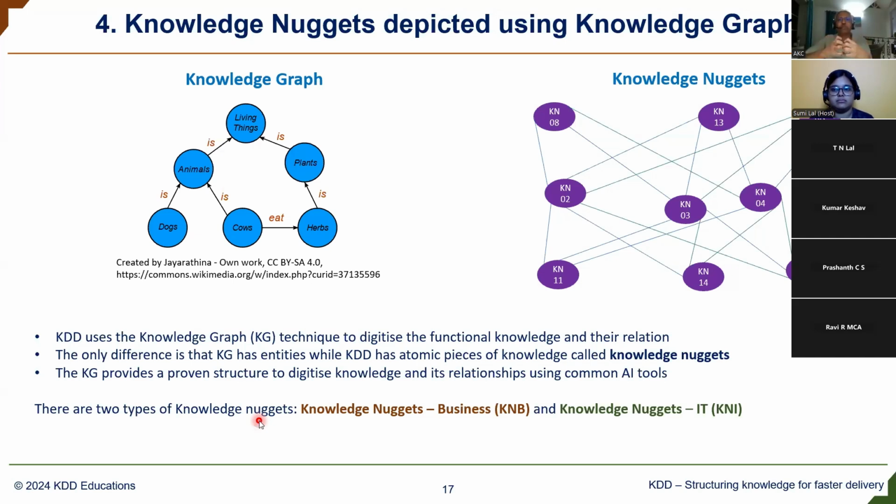That makes it very powerful, because then you can see how that relationship is really working, and if any change happens in one place, how it is going to impact the IT side. So these are the four things: structured knowledge, the core structure, then expandable, and finally using a knowledge graph for the knowledge nuggets.